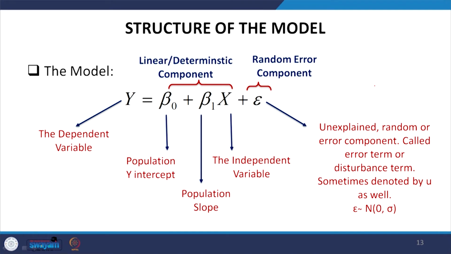Epsilon we refer to as the random error term, and beta naught is the population intercept, and beta 1 is called the slope of the variable x, that is the independent variable, and y is the dependent variable we start with. Now, sometimes you might have some question related to beta naught, why we are supposed to write it down. We will again clarify from our diagram. Our diagrams are going to establish a better understanding.